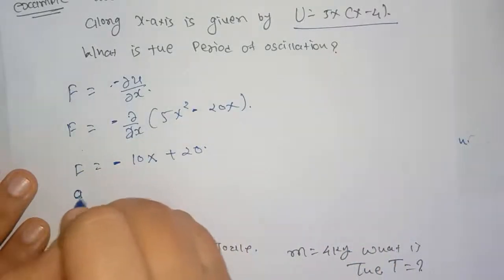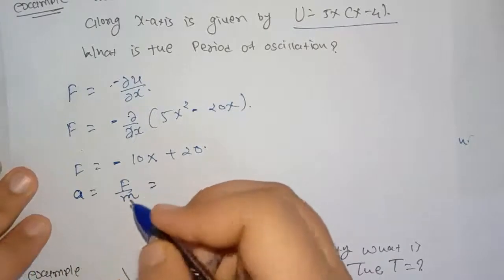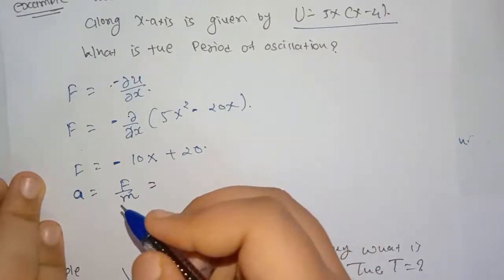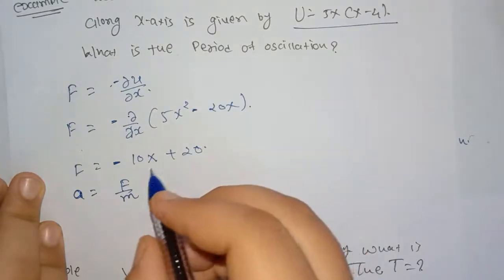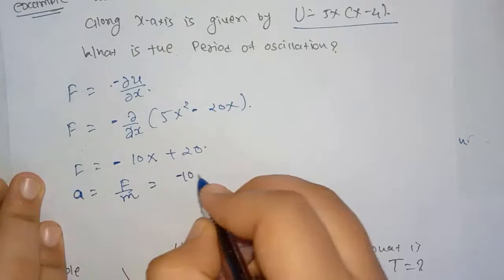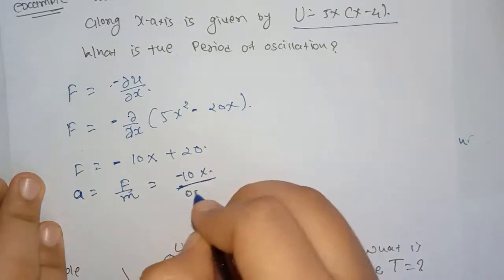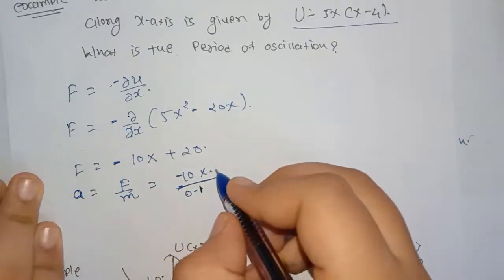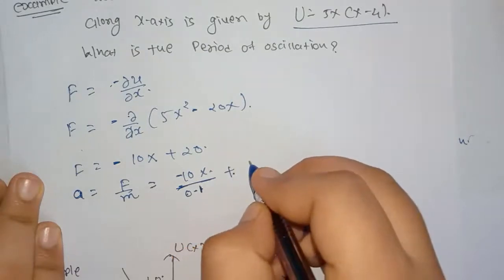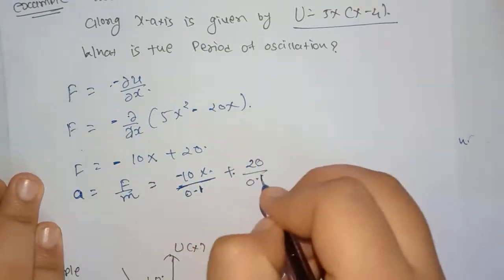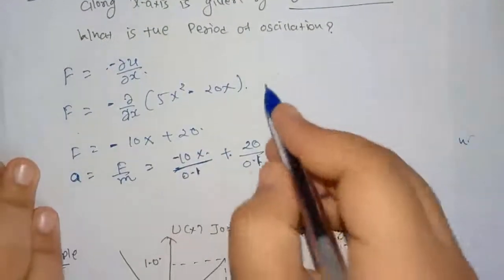The acceleration will be force upon mass. That will be equal to minus 10x divided by 0.1 plus 20 divided by 0.1, as mass is 100 gram, that is equal to 0.1 kg.